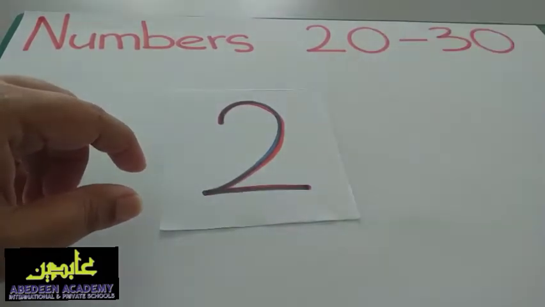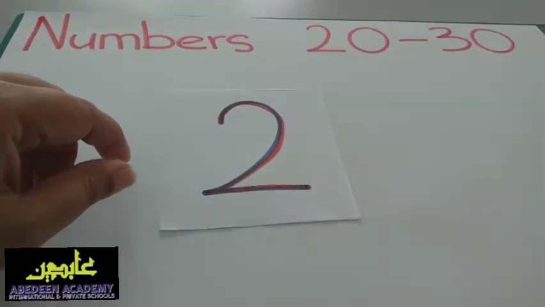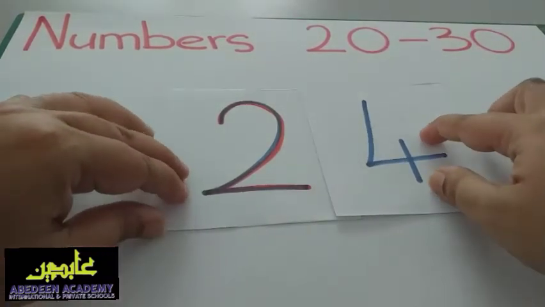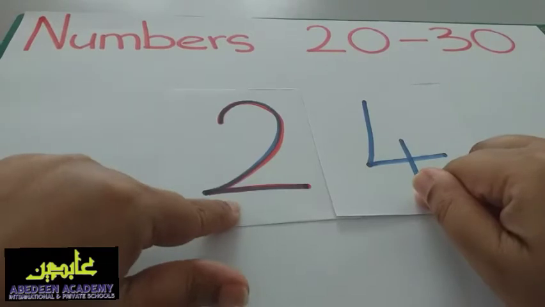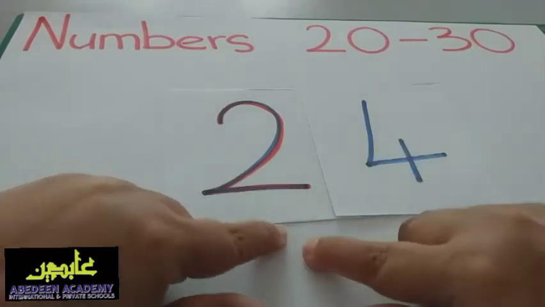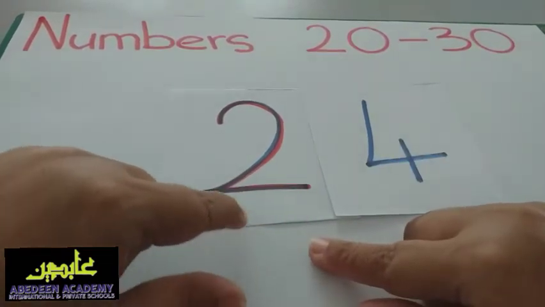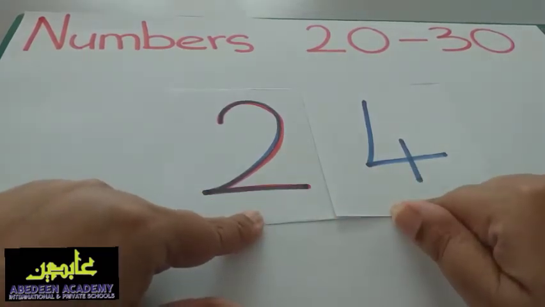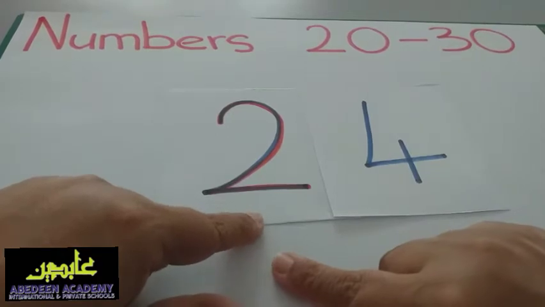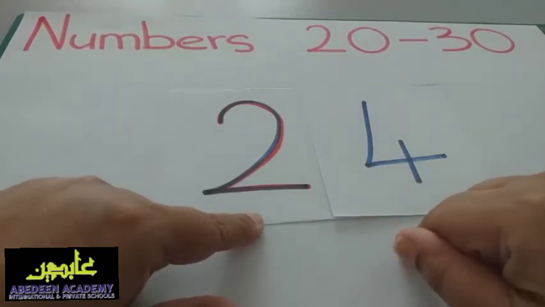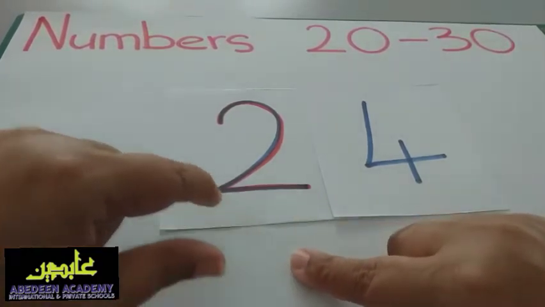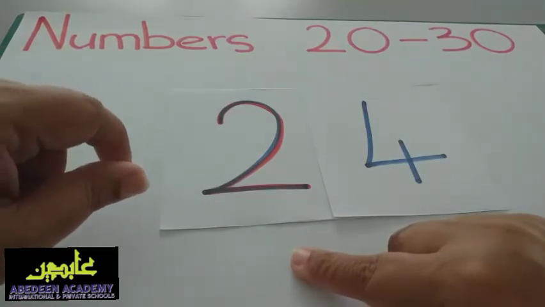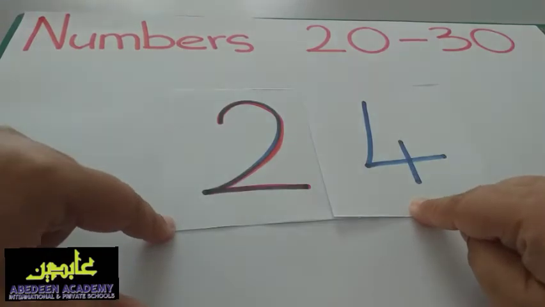Okay, now it is 2, but if I put another number, for example a 4 here, when we put these two numbers together, we start by saying 20 and then we put the number 4, so it will become 24.